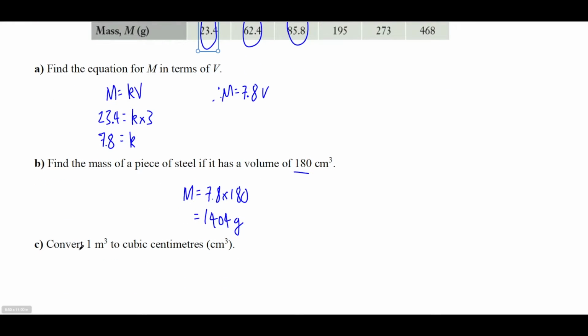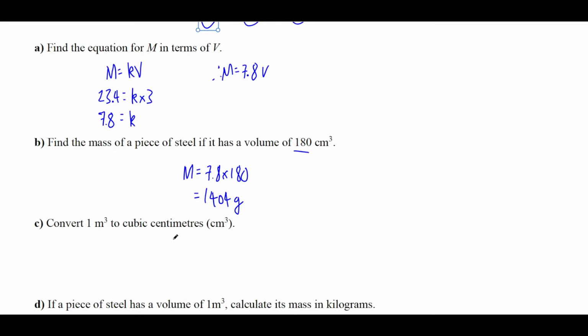Next question. Convert 1 cubic meter to cubic centimeters. This question isn't really related to this; it's just something you need to know. We know that 1 meter cubed is 1 meter times 1 meter times 1 meter.